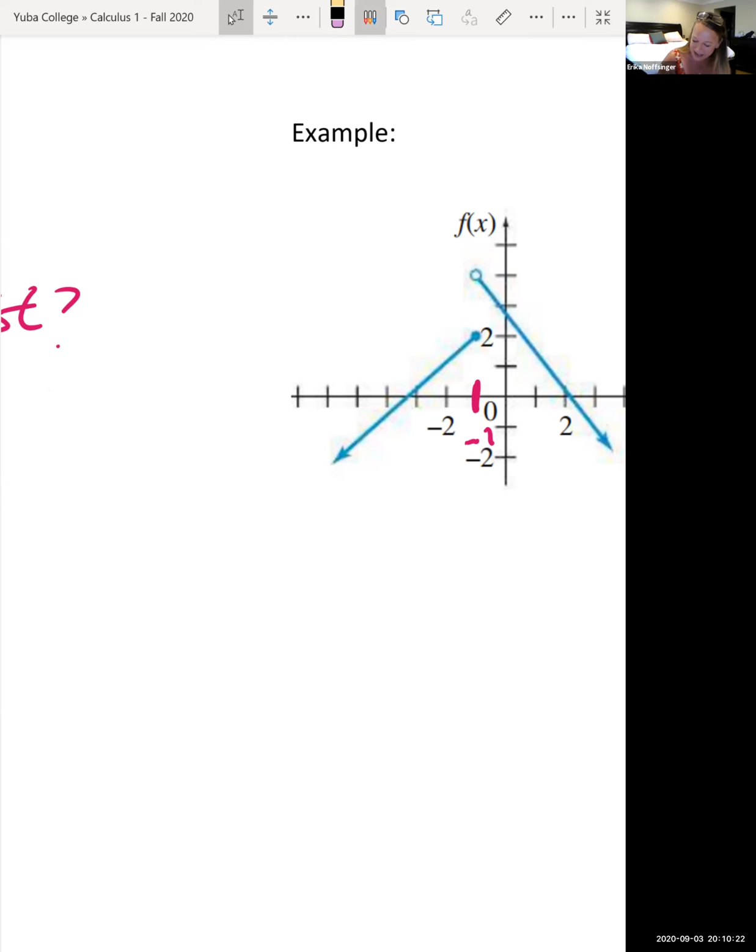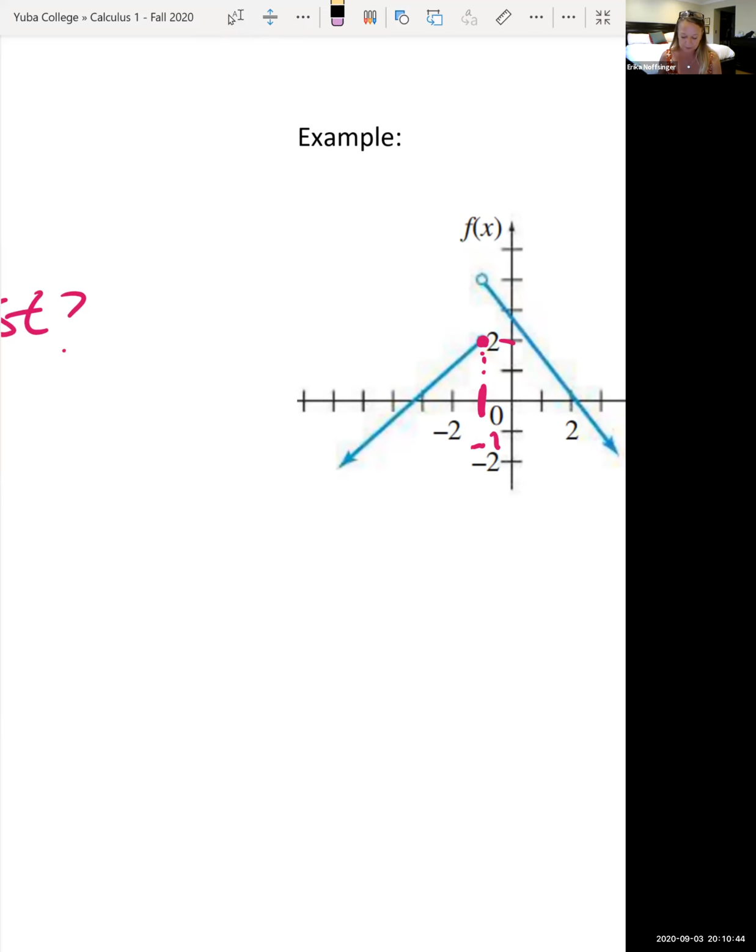So notice that at x equals -1, if you go up here on the graph, here is a solid circle, and so this is actually a point on the graph. So f of -1 is saying what is y when x is -1. So f of -1 does exist. If those were both open circles there, then it would not have existed.